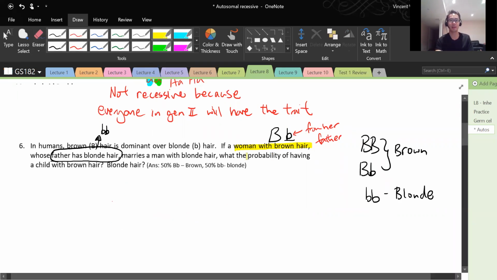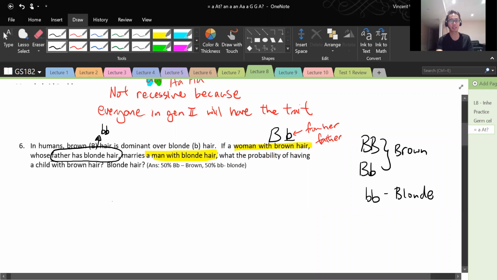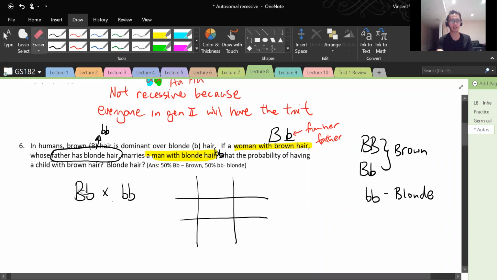So who is she marrying? She is marrying a man with blonde hair, so another blonde hair person. This is small b. So if you take the brown hair woman and cross her with the blonde hair guy, what are we going to get as kids? We're going to have big B, small b from the woman, so half her eggs will carry the big B and half will carry the small b.